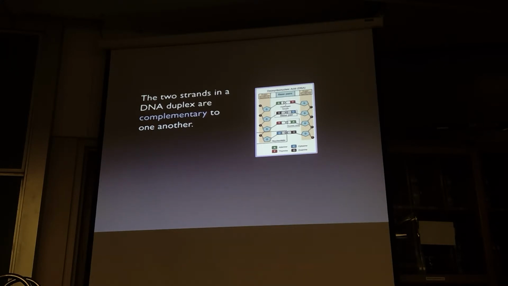This becomes really significant later on because we're going to be looking at nucleotide sequences as a method for identifying bacteria. And we have to remember that the computer knows that if you have one set of letters for one strand, you automatically know what the flipped version of that strand is, or the complement. It'll be called a reverse complement. Anyway, the 2 strands are complementary. Adenine always pairs with thymine, cytosine always pairs with guanine.